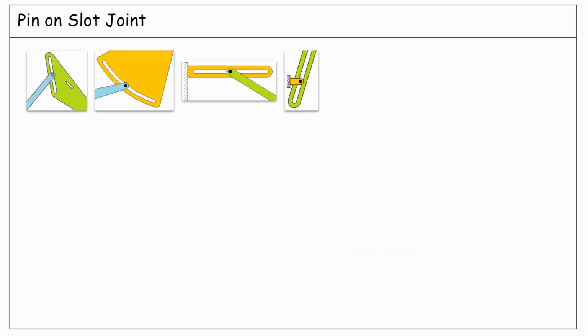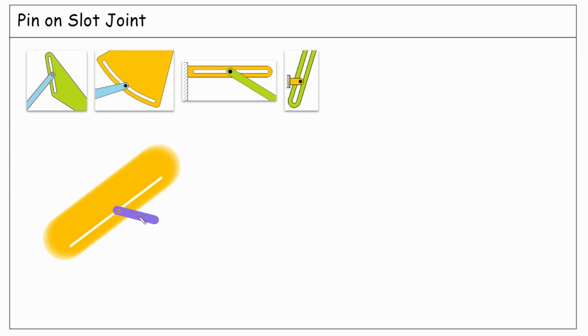Let's introduce a pin on a slot joint. Imagine we have a rigid body which has a slot on it, and another rigid body which has a pin, and the pin should move in the slot.